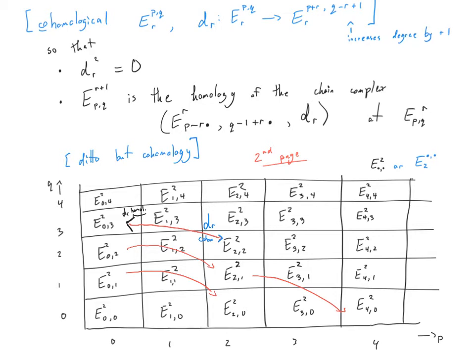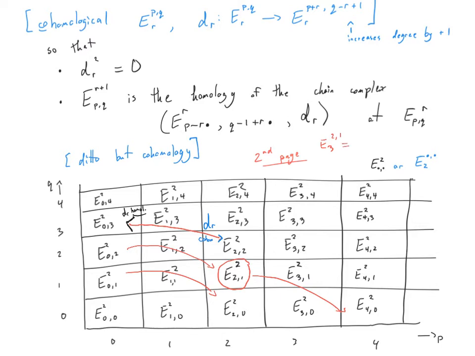For instance, if you wanted to know what the element in E3 of 2, 1 is, and I'm doing this cohomologically, so let me switch my grading. I really should have done this homologically because I wrote all the indices homologically. I'm sorry, I always think cohomologically. The example we're going to work with is cohomological, so let's switch to that.